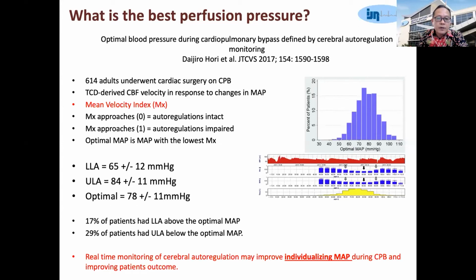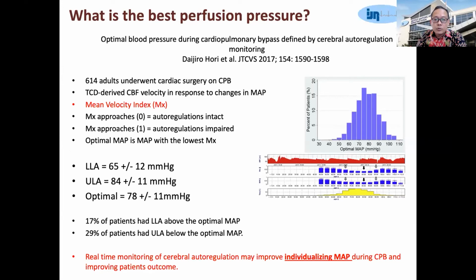The lower limit of autoregulation was found to be on average 65 millimeter mercury plus minus 12, and the upper limit of autoregulation was found to be on average 84 millimeter mercury plus minus 11. He decided that the optimal perfusion pressure should be at 78 millimeter mercury plus minus 11.